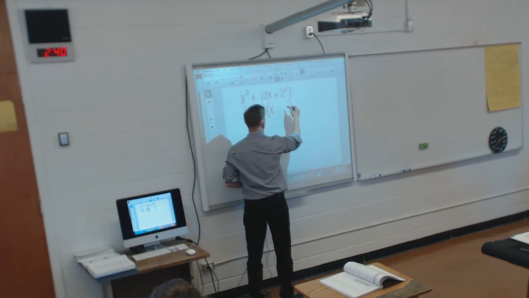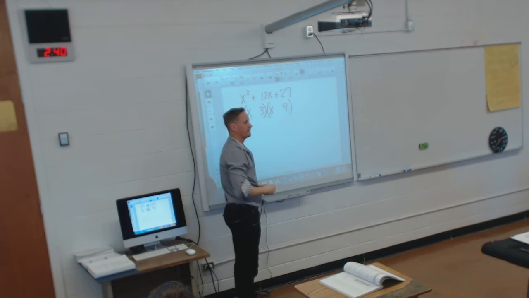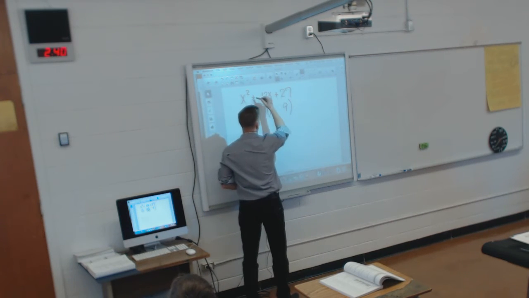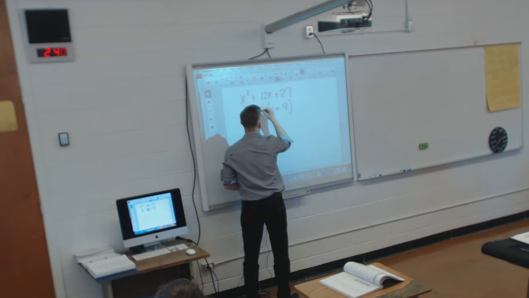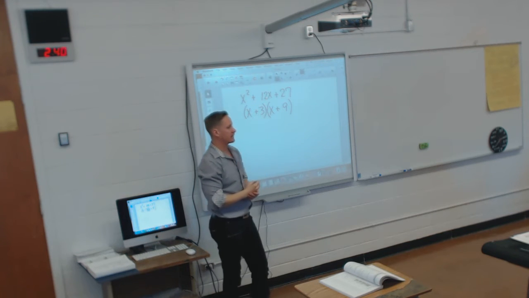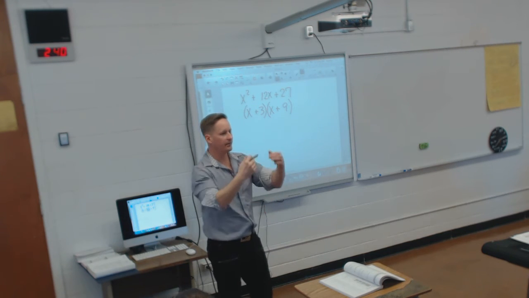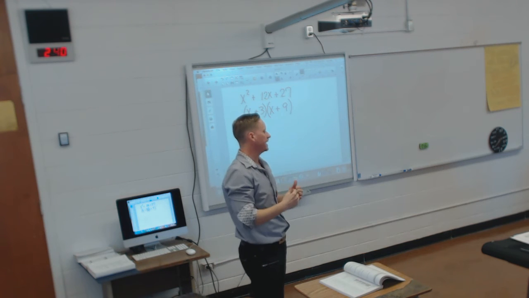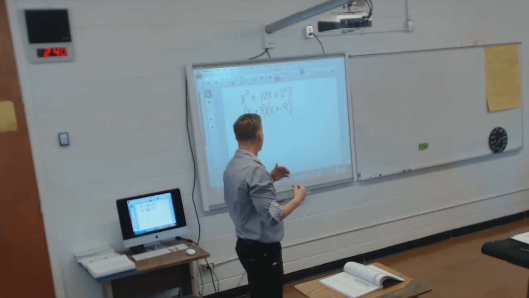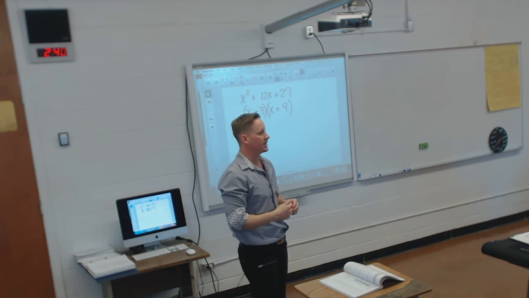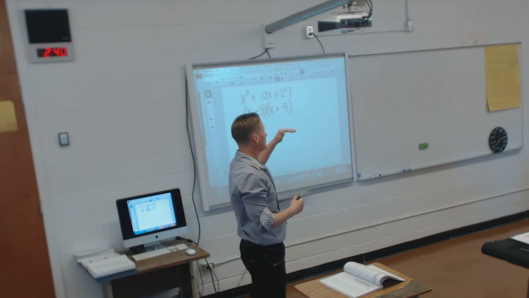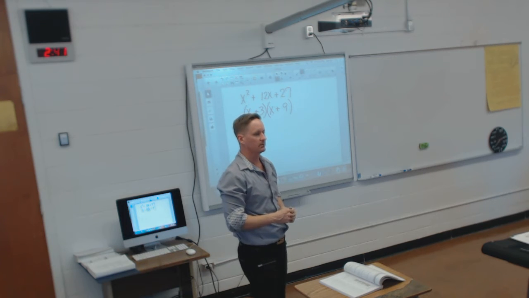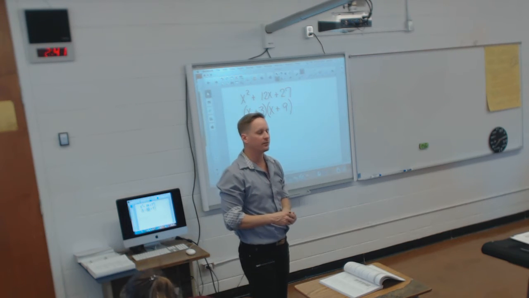So I can put them in the brackets, doesn't matter which way. And these are both positive, therefore these are positive, and I've now factored it. I've now worked my way backwards. So x plus 3 times x plus 9 gives me x squared plus 12x plus 27. Okay? This is called factoring.